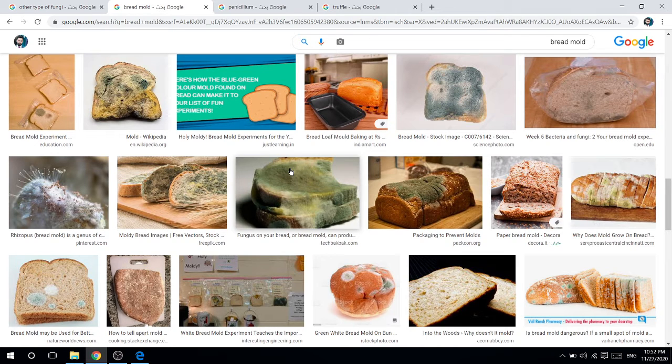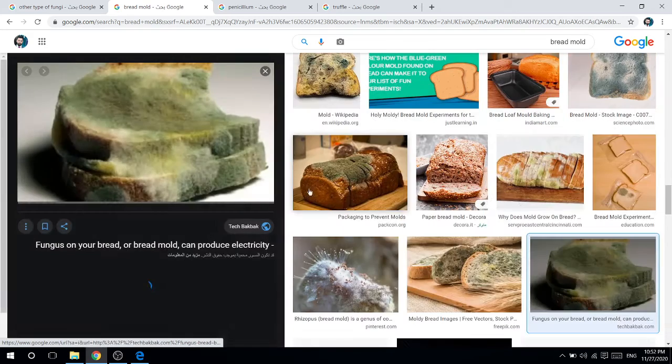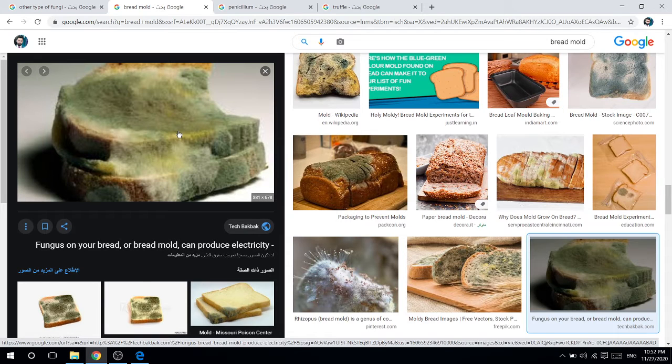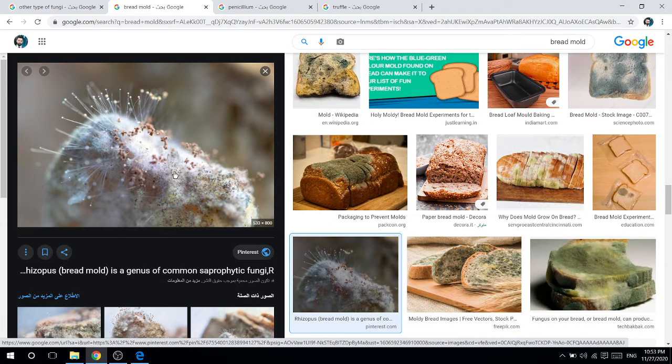Do you see students? Look at that picture. This is one kind of fungi called bread mold. Look, this is bread mold on the bread.